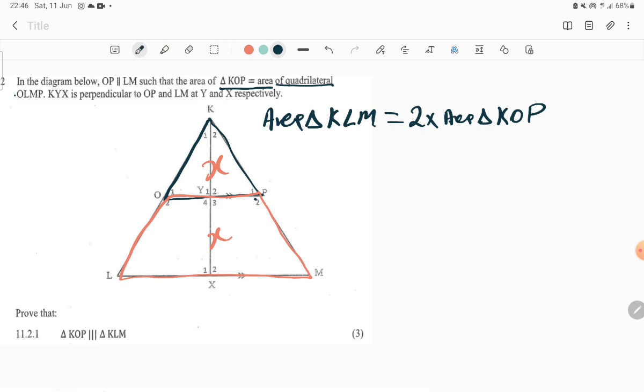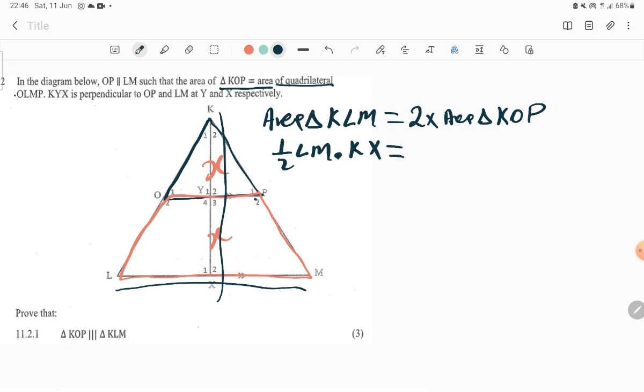So this is what we have. Now, the area of triangle KLM, we can just say this is the base and this is going to be the height. So which means now we have half, our base is LM times our height is KX.